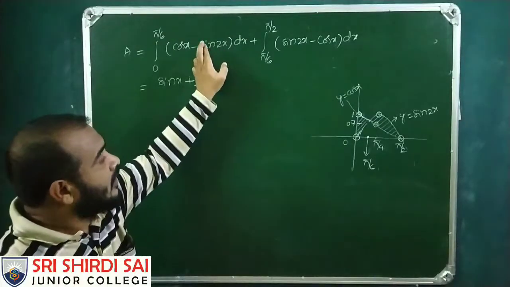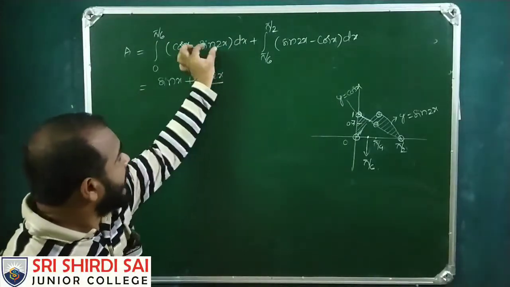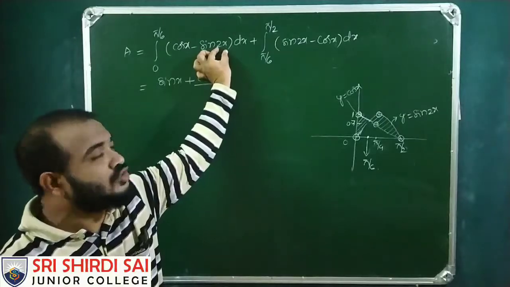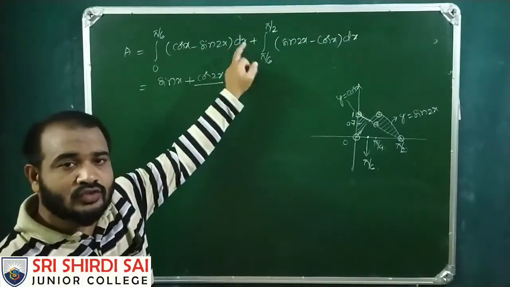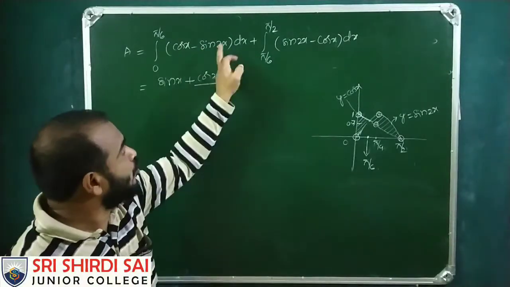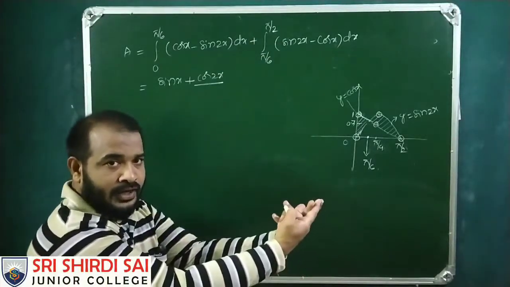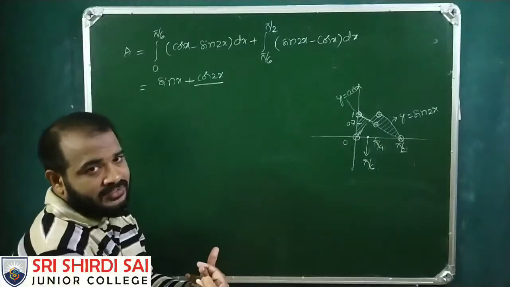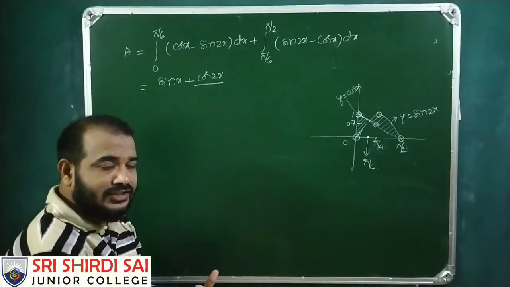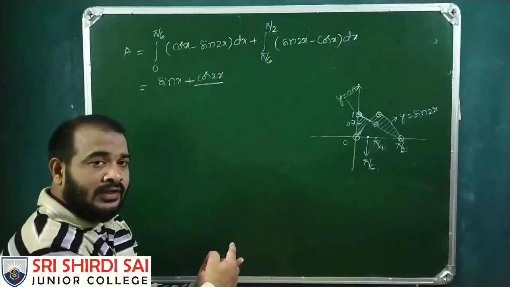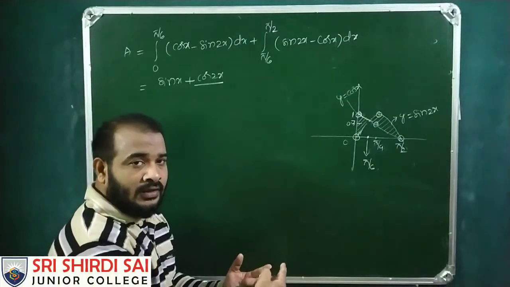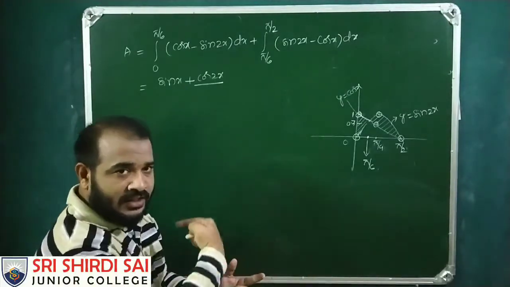Actually here in differentiation, sin x's derivative is cos x into d by dx of 2x. We used to do that. But here, not into d by dx of 2x, but divided by d by dx of 2x. Why? Because this is an integration, so the opposite process of differentiation is integration.